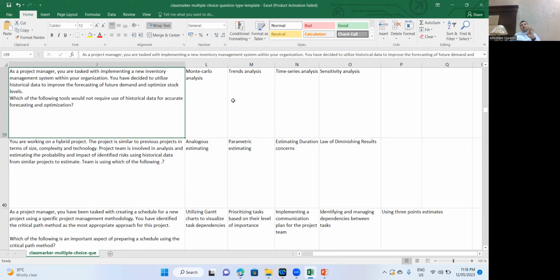Three of the methods actually require the data to be historical data, like trend analysis, let's say. How will you generate a trend? You need to know what has been happening in the past three months, so that you can forecast the future, right?